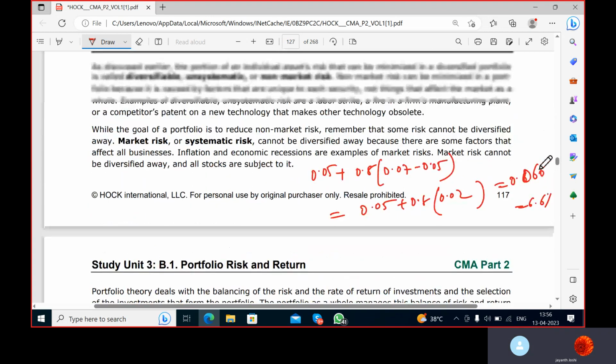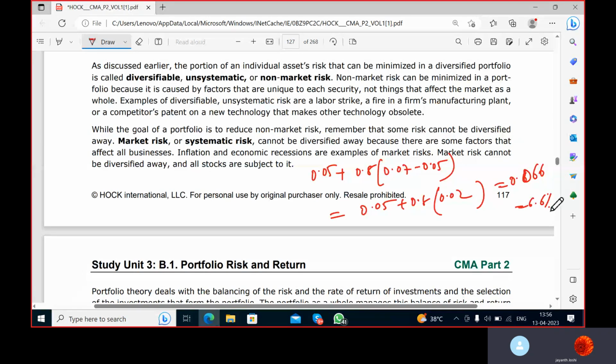Can you just explain the calculation? 0.05 plus 0.8, not 0.08, it's just 0.8. 0.05 plus 0.8 is 1.3, and you have done 1.3 into 0.02.